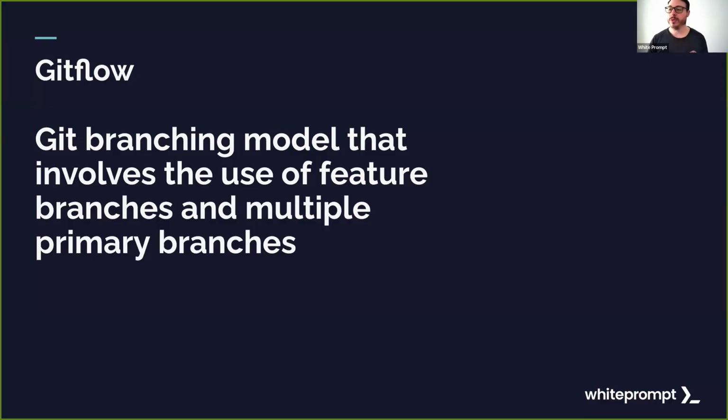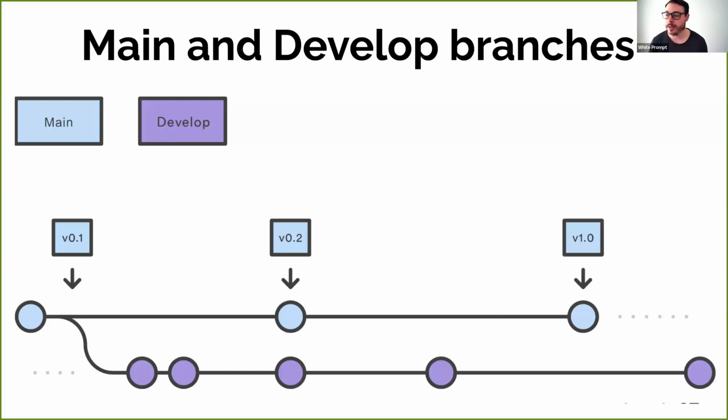That leads me to the third part of this talk, that is Gitflow. So what is Gitflow? It's a Git branching model that involves the use of feature branches and multiple primary branches. How does it work? Gitflow proposes, instead of a single main branch, two branches to record the history of the project. The main branch, which stores the official release history, and the develop branch that serves as an integration branch for features.